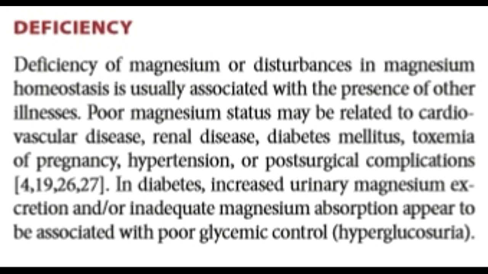Deficiency of magnesium happens sometimes if you have any disturbance in the homeostasis of magnesium in the body. This is usually associated with the presence of some kind of illness.